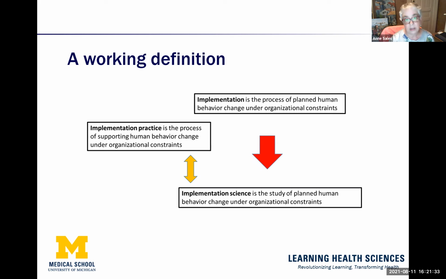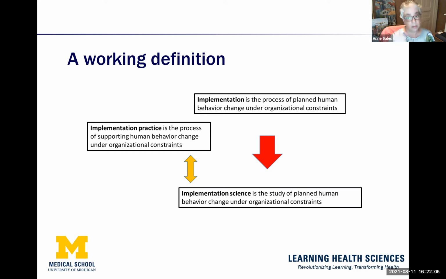And it's within the context of organizations. These can be big formal organizations, or they can be community organizations, or even informal networks within communities that are still organizations and structures of their own kind. The reason it's important to think about the definition of implementation is that it leads to the definition of the science of implementation, the study of planned human behavior change under organizational constraints.